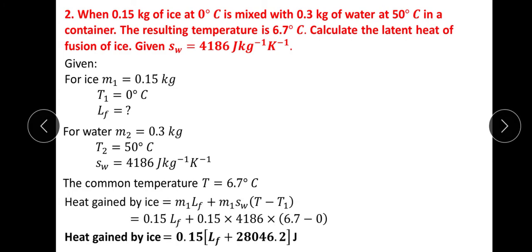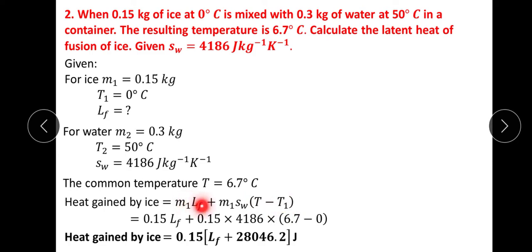Now, first let us write heat gained by the ice. So how much of heat is gained by the ice? Ice is initially at 0 degrees Celsius and finally it has to come to the 6.7 degrees Celsius water. Therefore, heat gained by the ice, that can be written as M1LF plus M1SW into T minus T1.